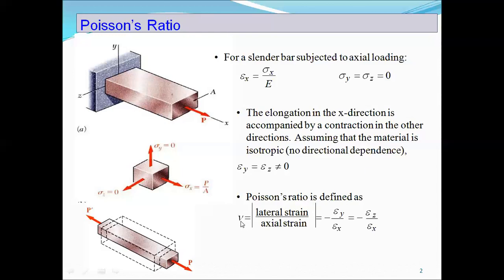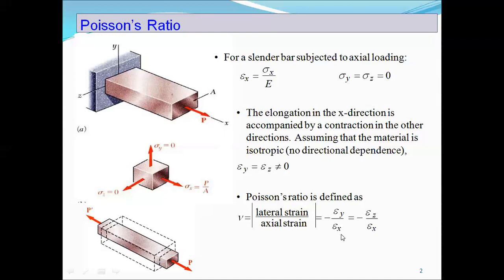So based on the definition of Poisson's ratio, that is lateral strain by axial strain, you could see that this load is along x-axis. So x-axis is our axial direction. So the strain along x-axis would be the axial strain.